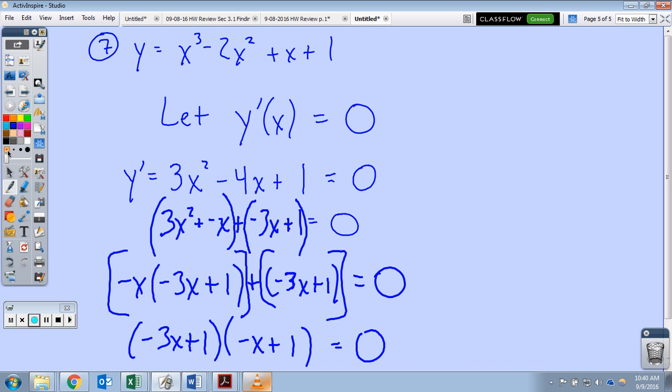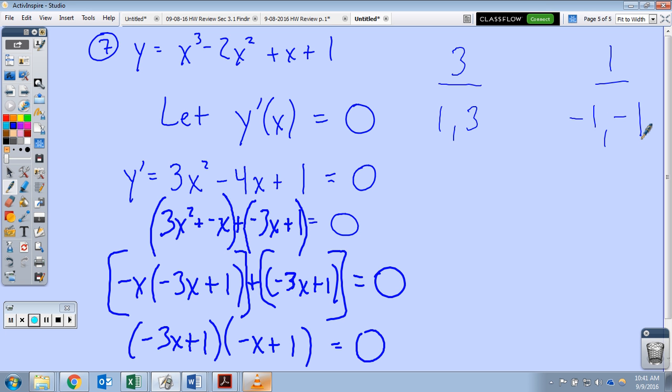I would say, okay, 3 times, how did I do it? I say 3 times 1 equals 3. And, no, that's not the way I did it. See, I've actually switched over to the way most students are being taught, which is the AC method. But I would just do this. I could do it in my head. I would look at factors of 3, 1 and 3, and factors of 1, because this is negative and this is positive, both negative.